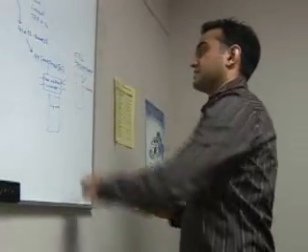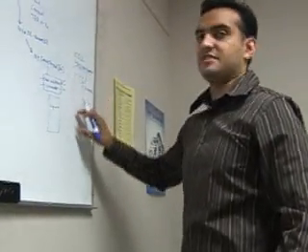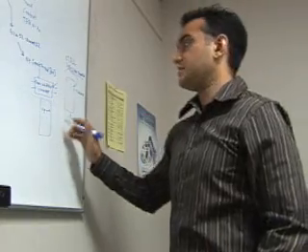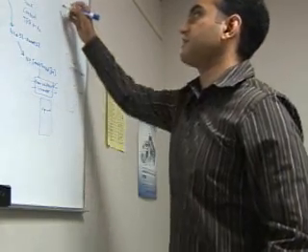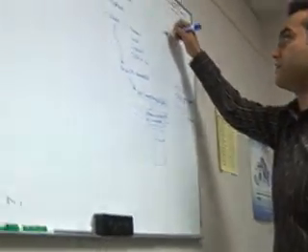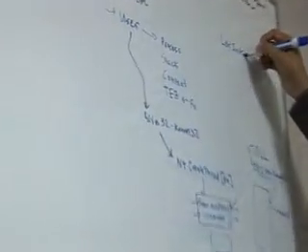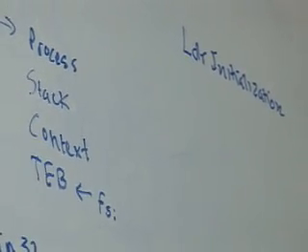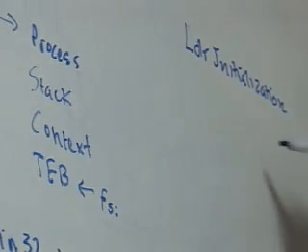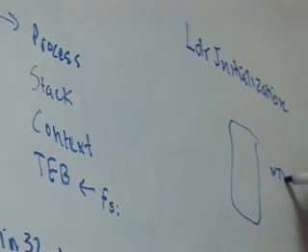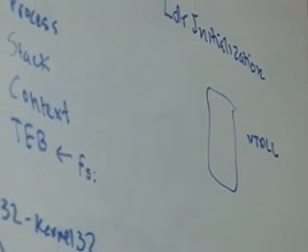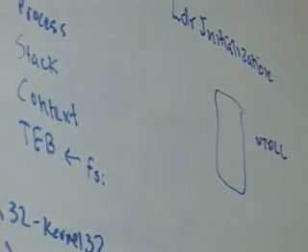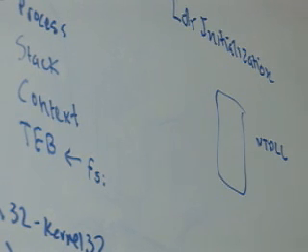So what the kernel actually does is we change the context that runs to run a special piece of code called the loader initialization. Loader initialization is a bunch of code that's in NTDLL that either initializes the process for the very first thread that runs in a process.